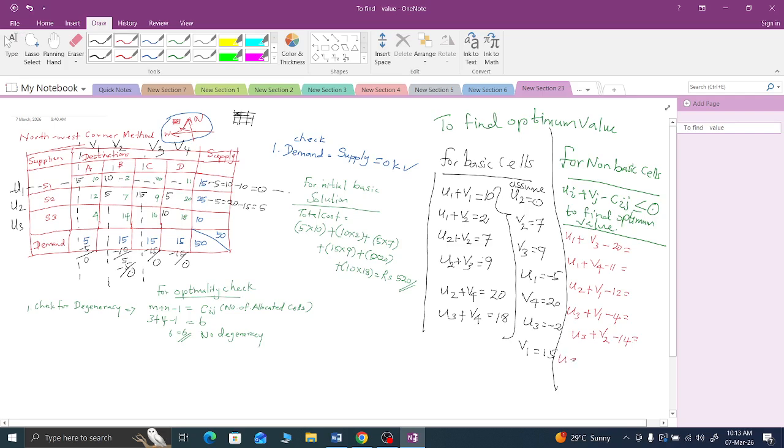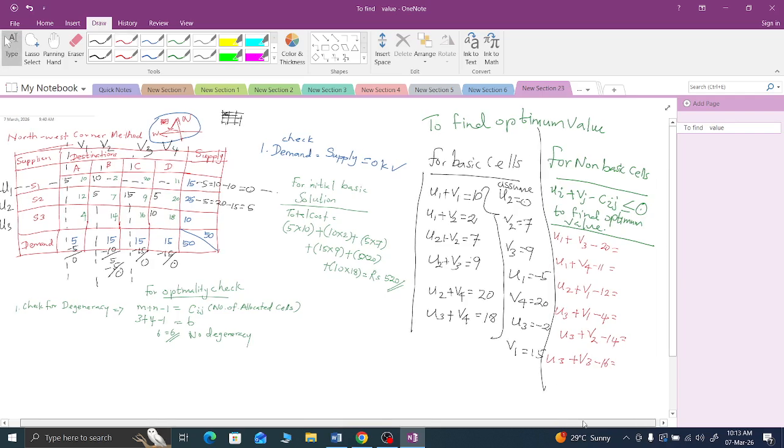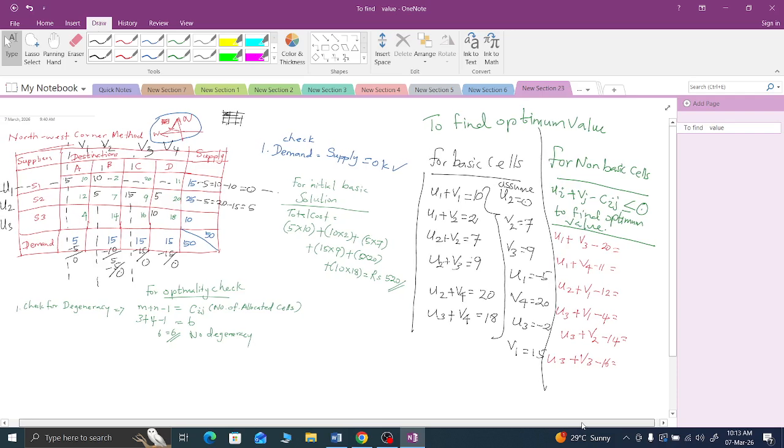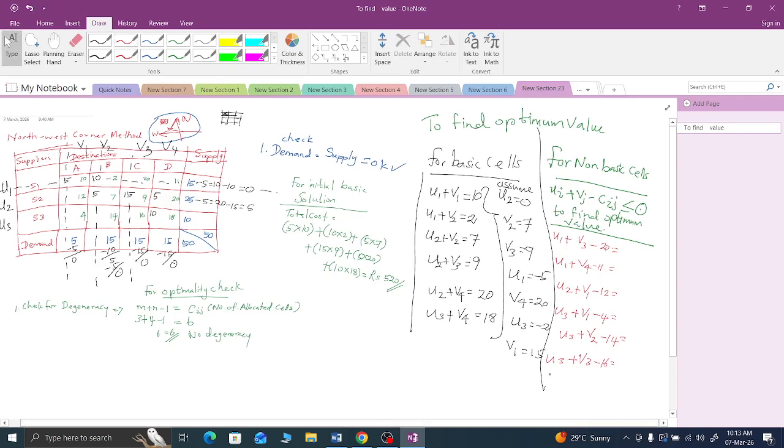Next u3 plus v3 minus 16. Next u3 plus v4 minus 18. Right, now we will find these values.